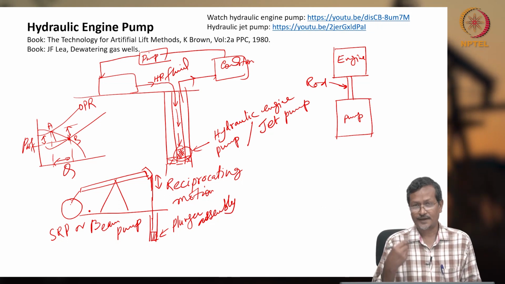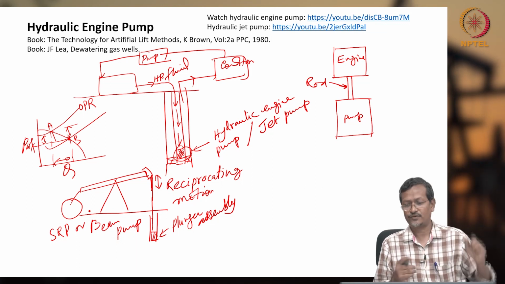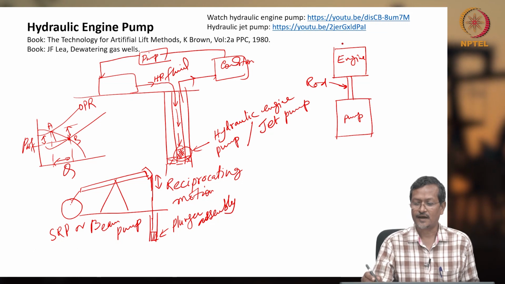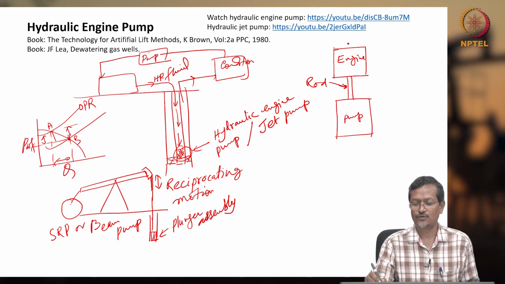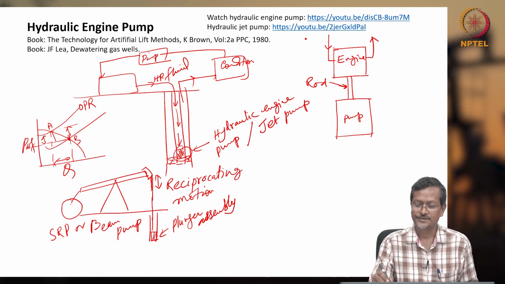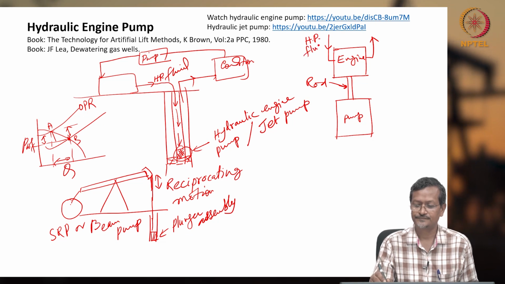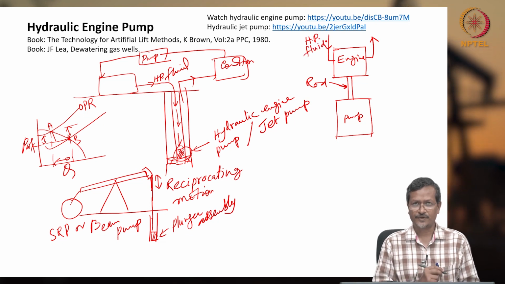But that assembly is not run by a long sucker rod. You have only a small rod. How the hydraulic engine works, I will explain later. This engine is run by your hydraulic fluid, the high pressure fluid. How do we get the high pressure fluid?